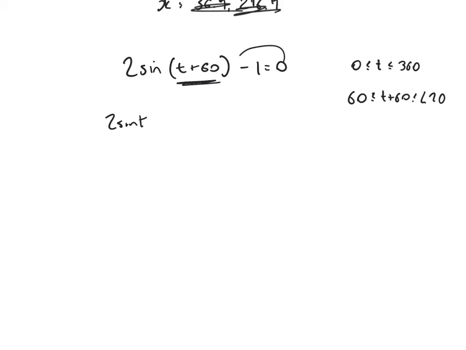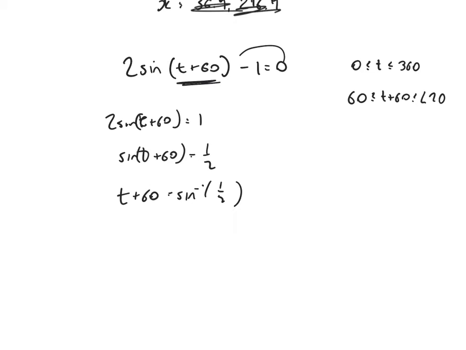So 2 sine t plus 60 is equal to 1. Sine t plus 60 is equal to 1 over 2. T plus 60 equals sine inverse 1 over 2. Okay, so get the cast diagram up, and I'm in the L quadrant and the sine quadrant.